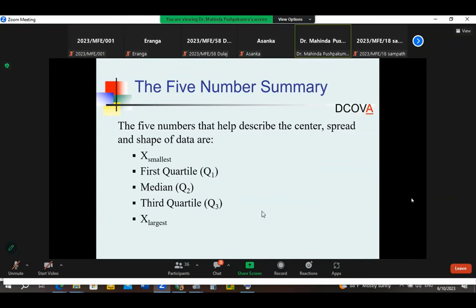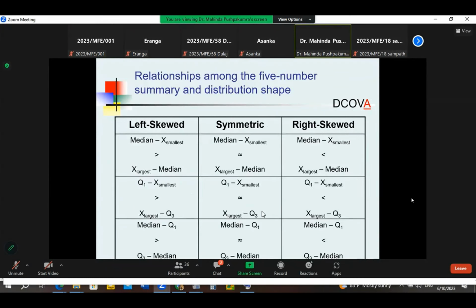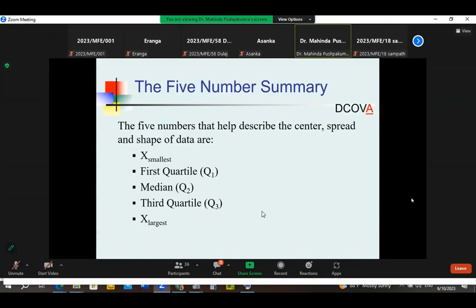Okay, then we will move to a very important concept we call the 5-number summary. Using this 5-number summary, we can draw a conclusion related to the shape of the distribution. If you are given these 5 numbers, you should be able to identify whether you have a symmetrical distribution, a left skewed, or a right skewed.